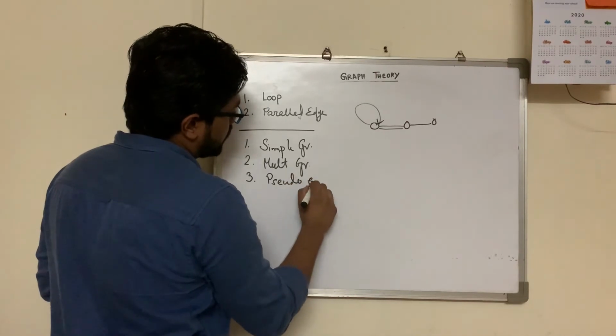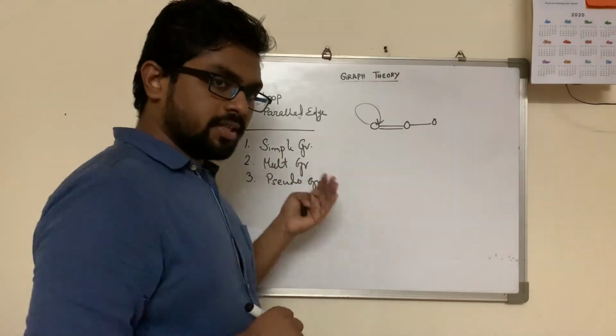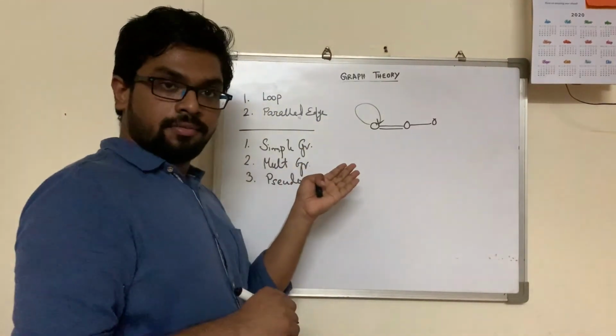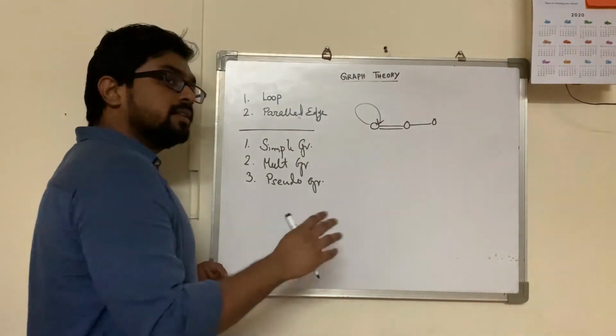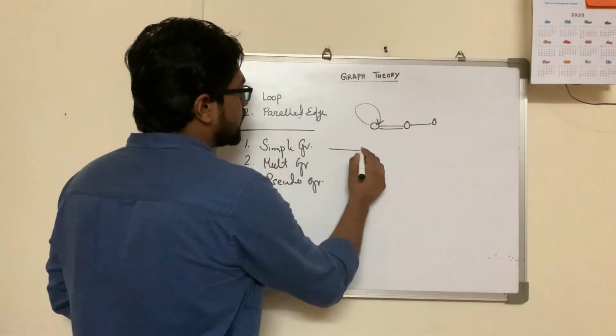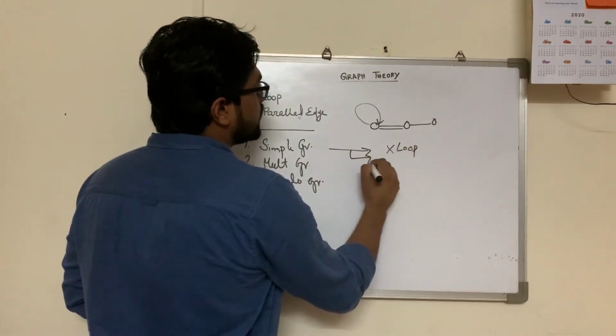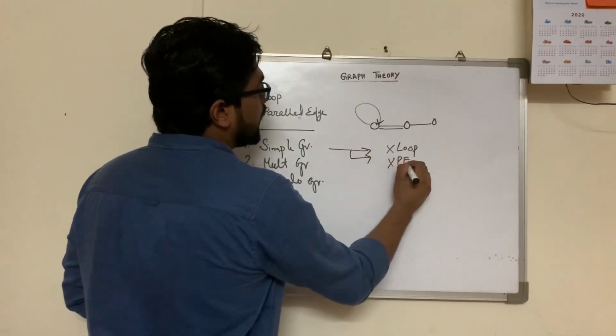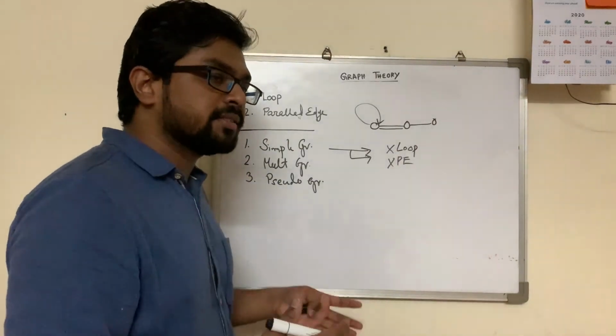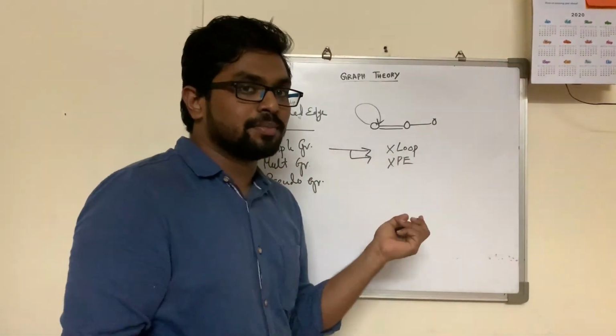Let's start from the very simplest graph. A simple graph, by definition, has no loop and no parallel edge in the graph. Simple. That is why it is called simple.